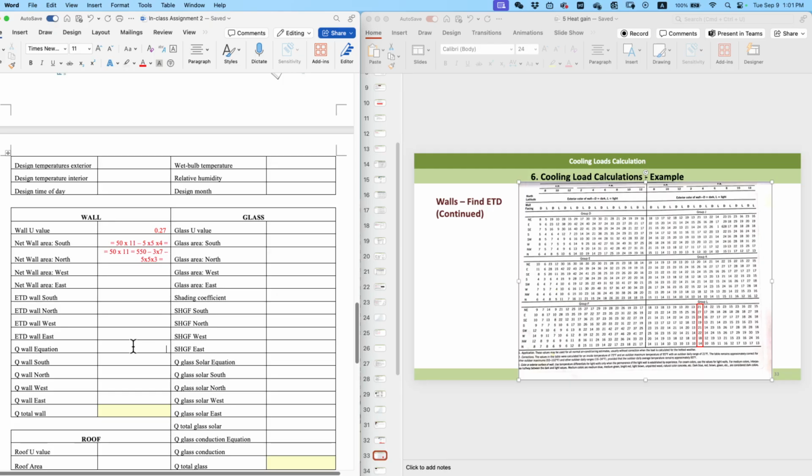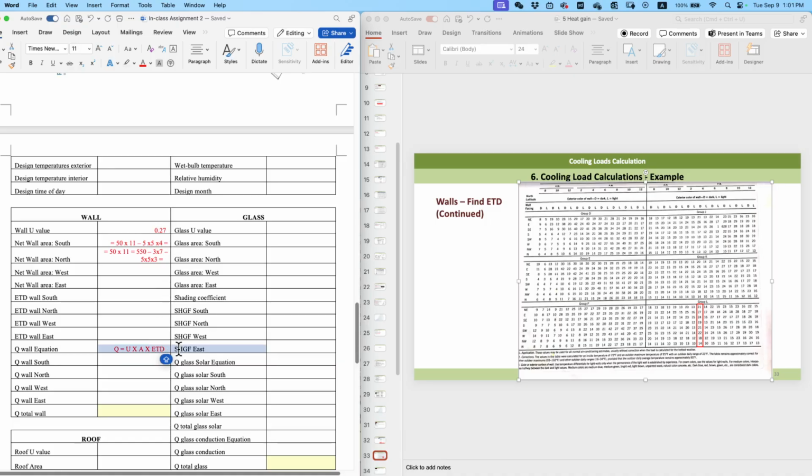And what is the key equation? Q is U by A by ETD. You already know the wall area for south, so you can use this number. You already finish this number, ETD by 0.27.